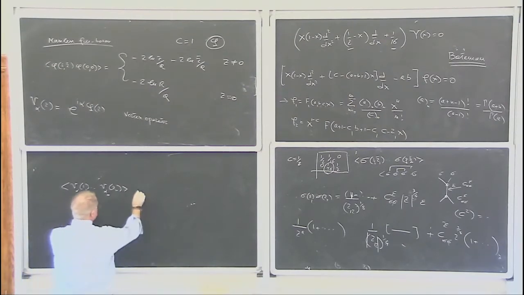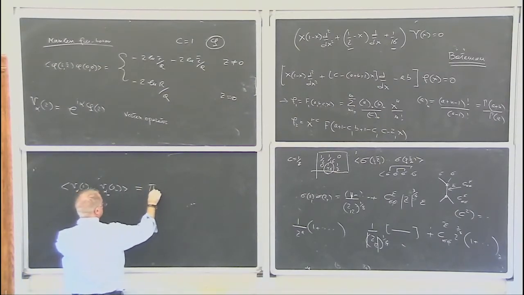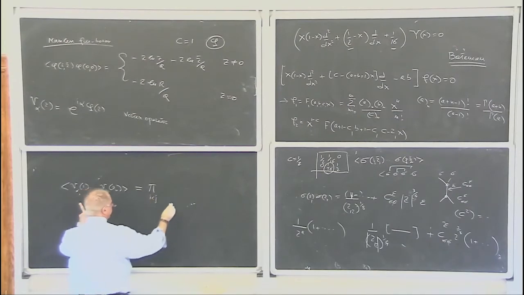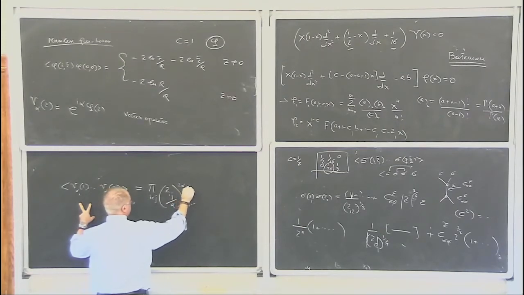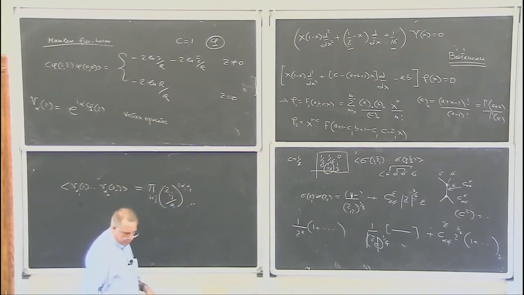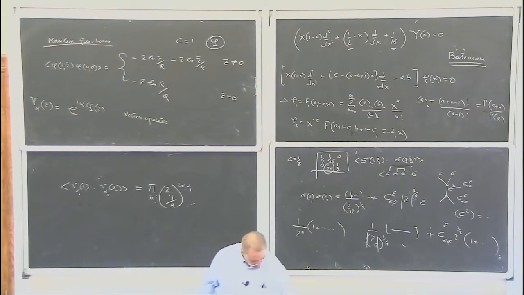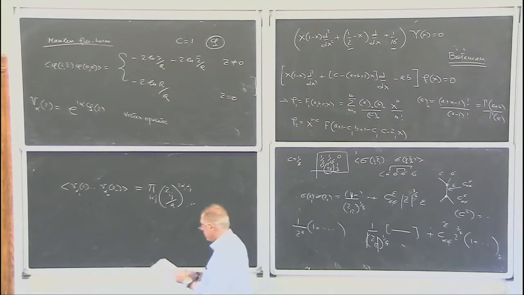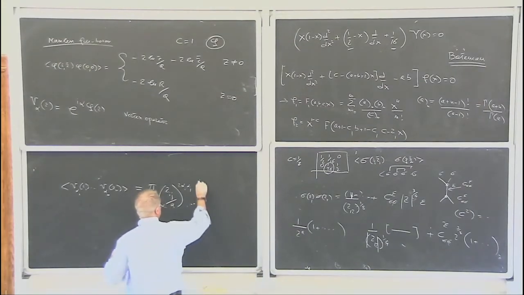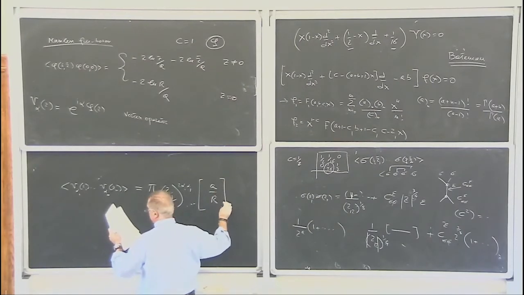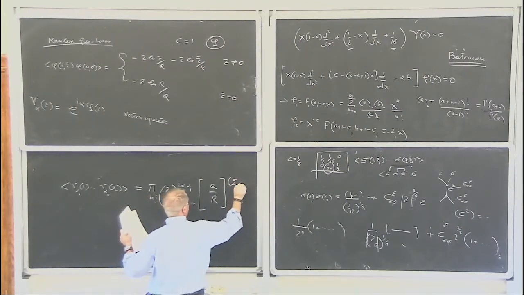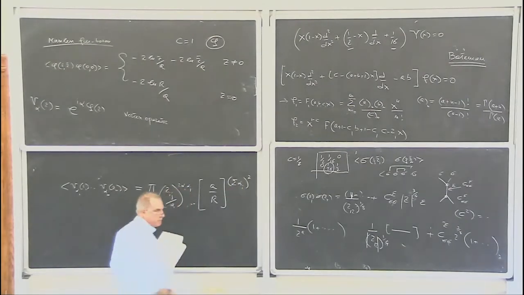This correlation function is the product over i different from j of (z_i minus z_j divided by a) to the power 2 alpha_i alpha_j, and a prefactor which is (a over R) to the power of the sum of alpha_i squared.